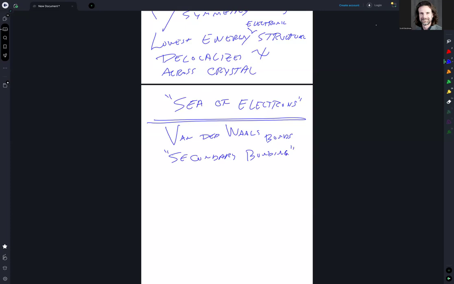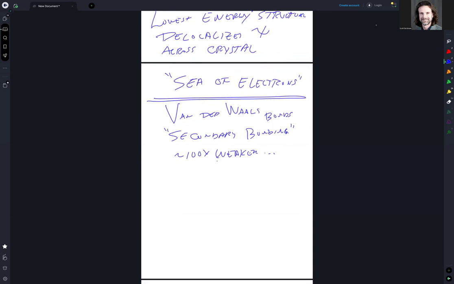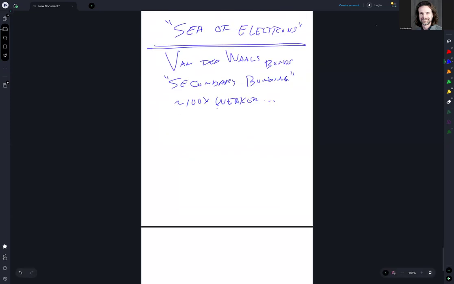It's around two orders of magnitude weaker than your typical covalent or ionic bond. But at the same time, they're actually quite important and play a significant role in materials design. So in van der Waals bonding, you are really looking at Coulomb bonds that are localized, and you have bonding between two entities due to Coulomb bonding.